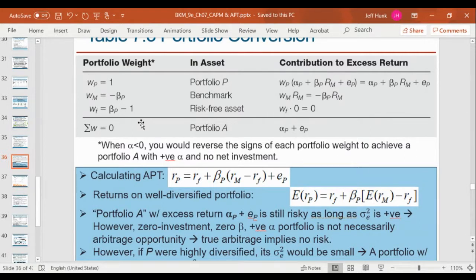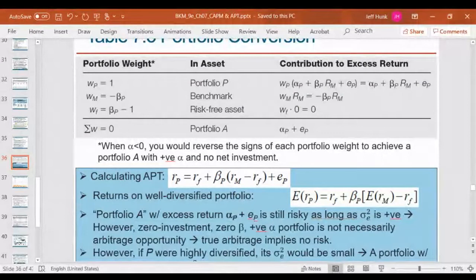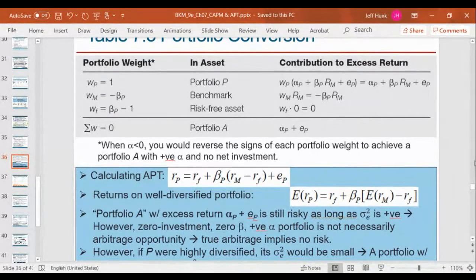You use that money and put it into the S&P 500 portfolio, right? Then this is zero net investment. This is zero net investment, right?